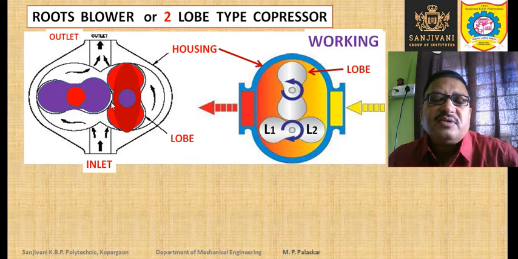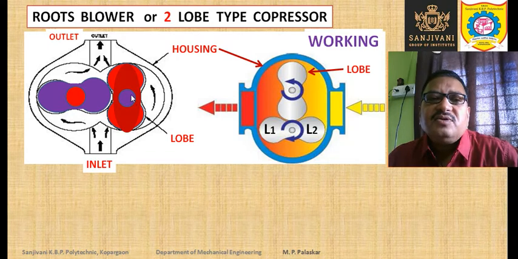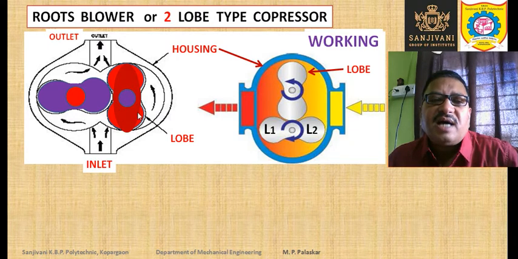They are mounted on shafts, and on these shafts gears are also mounted, so one gear drives the other. Due to this pair of gears, both rotors rotate in opposite directions inside a closed casing, which has one inlet and one outlet. This is the inlet and this is the outlet of the casing.